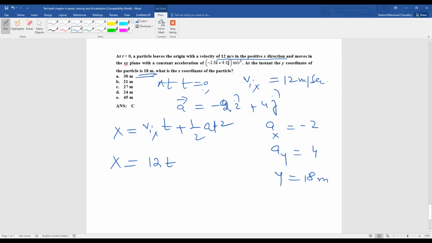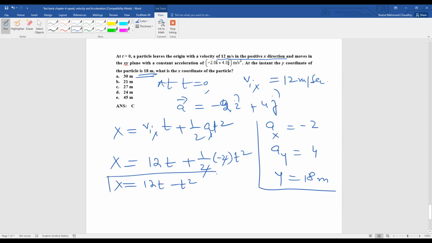Here we will not put t0, because at t0, x is equal to 0. This is actually xi. Xi is already 0, but we need xf actually. So for this one, we have to find the time. 1 over 2 ax. Ax is minus 2, into t square. So you can cancel this one and the answer will be 12t minus t square.